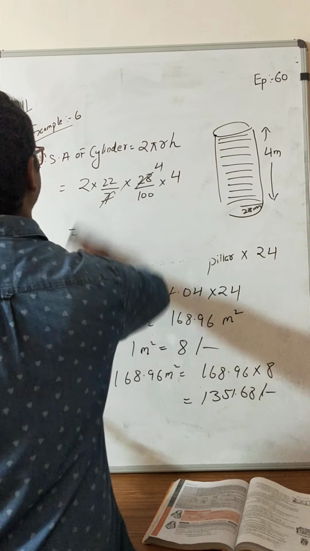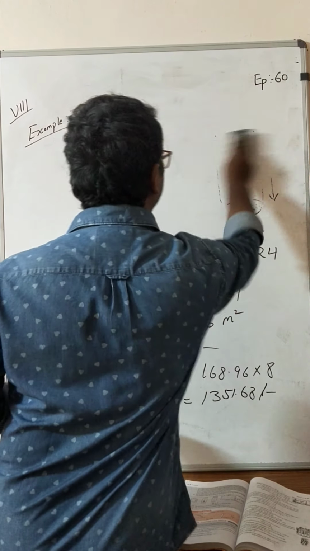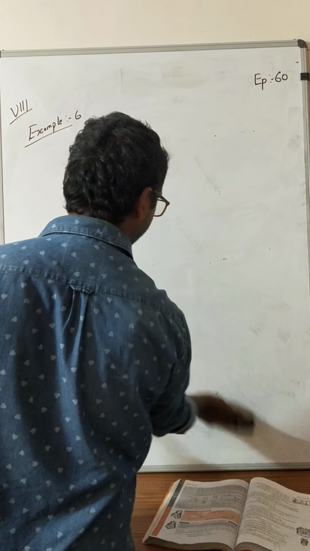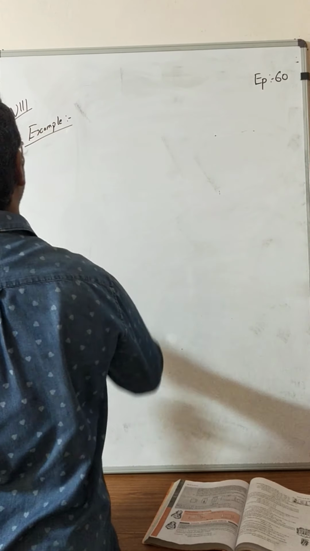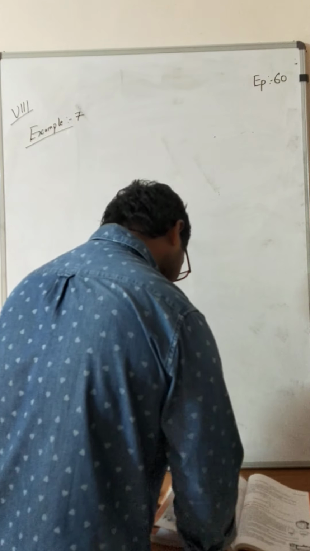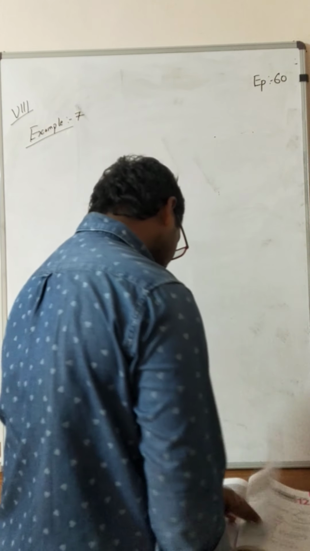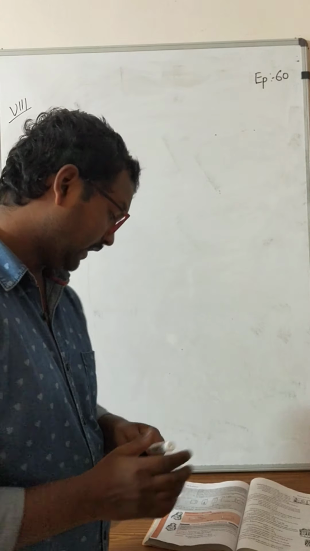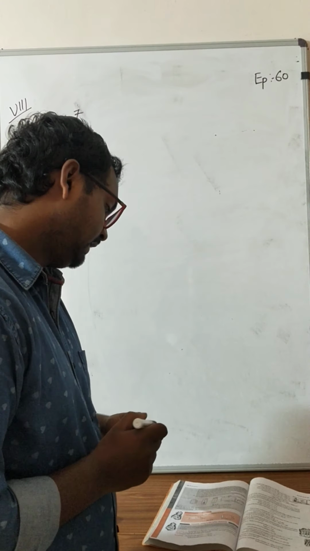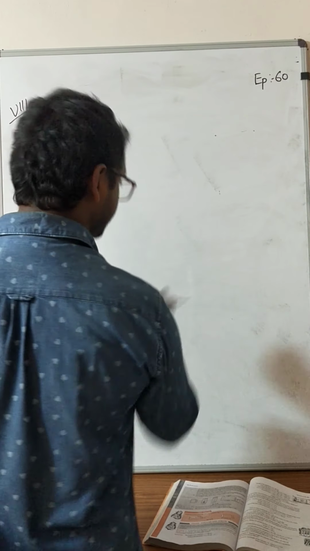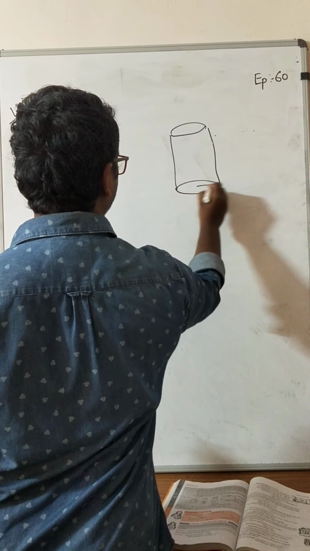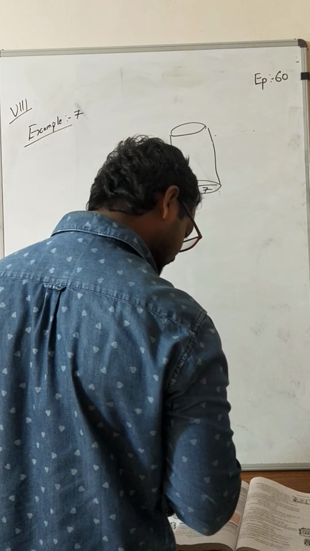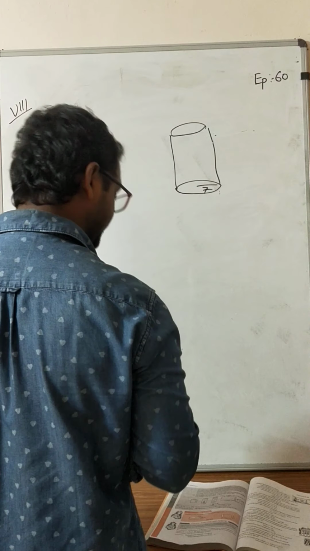Okay, now students, look at example 7. In example 7, we have to find the height of a cylinder whose radius is 7 centimeter and the total surface area is 968 centimeter square.